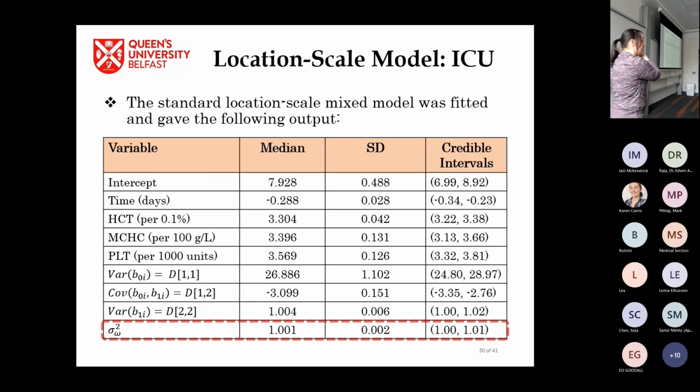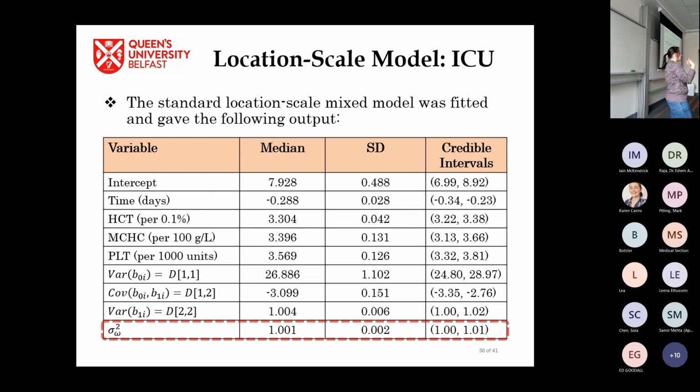Now to do that, I wrote code in R for this. What we're focusing on in particular in this model, compared to the standard mixed effects model that I showed a wee while ago, is this assumption of constant variance. So we can look at our sigma squared omega, which is the variance of our scale random effects. Each individual may have individual specific variance terms.